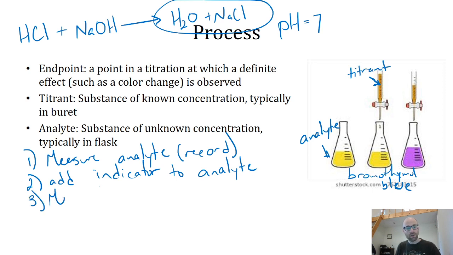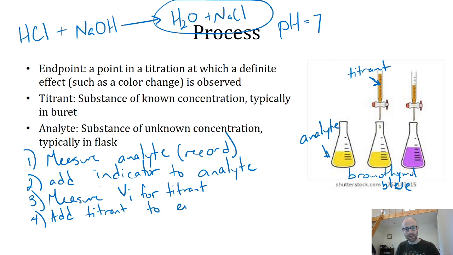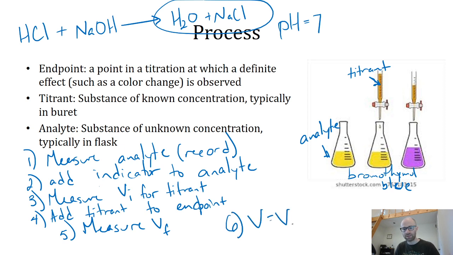We need to measure the initial volume for titrant, add titrant to endpoint, and then finally we're going to measure VF. I guess we could write a step 6 to say that V equals VF minus VI.